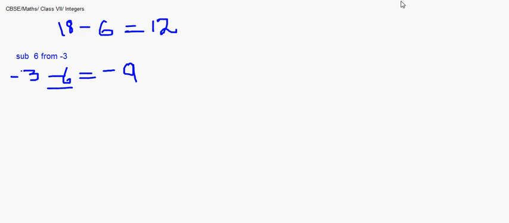Before moving on to more questions, I just have to tell you that when you are getting any integer subtraction, think to yourself in two parts. One is, what's going to be the function, what I'm actually doing, I'm actually adding or I'm actually subtracting. Because when you have two negative symbols, the function actually becomes plus. I have already shared this in the first video, but still I'm repeating this again.